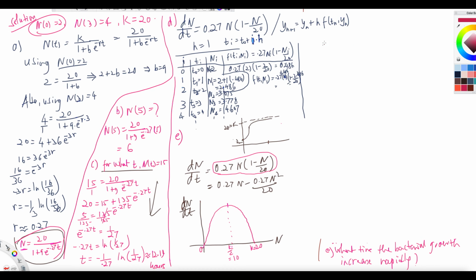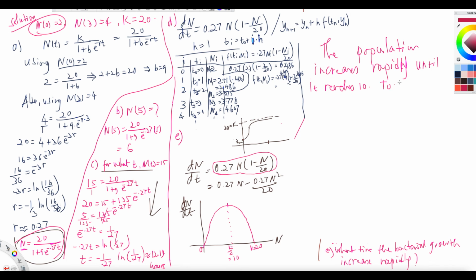So you can write: the population increases rapidly until it reaches 10. Now, how to find the time?